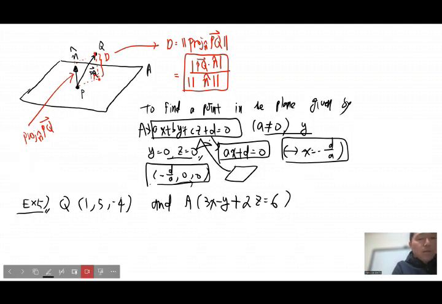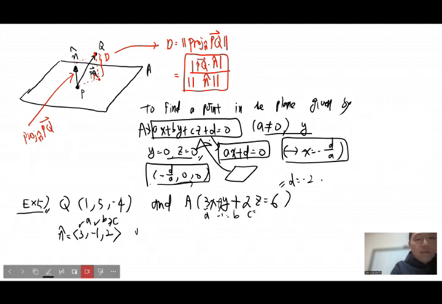Here the normal vector is n = (3, -1, 2), where 3 is A, minus 1 is B, and C equals 2, and D is minus 6.